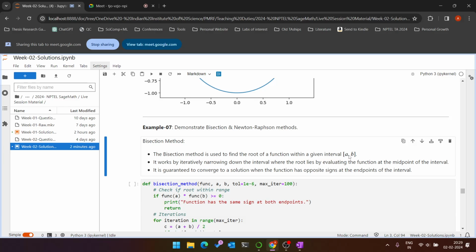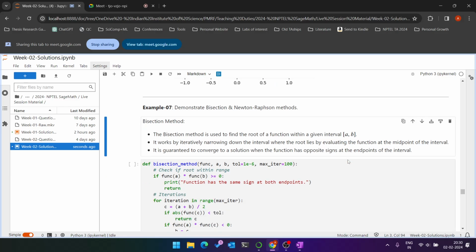So if your function is continuous, then your function went from a positive value to 0 to a negative value as it went from a to b. So it's imperative that we look at the signs of the function at a and b. If they are different, then we can say that a root lies in this given interval.